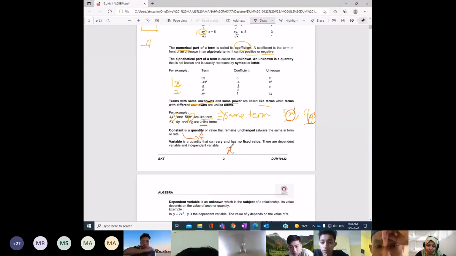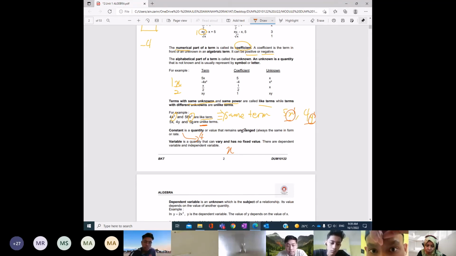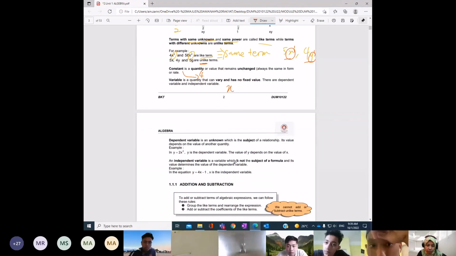Sebab this unknown can be any number, if you are not replacing it with any equation yet. Can be vary and has no fixed value. Okay, that is what we call as variable. Nama pun vary. Variable meaning can vary and has no fixed value. Kalau constant is going to be unchanged. Okay, constant is going to be unchanged. Right, the next one.